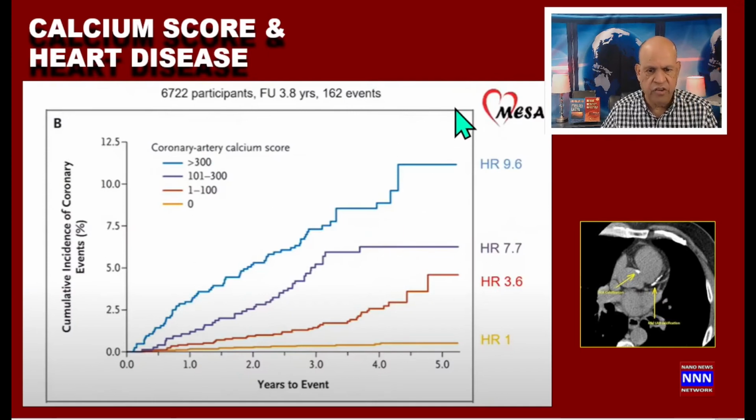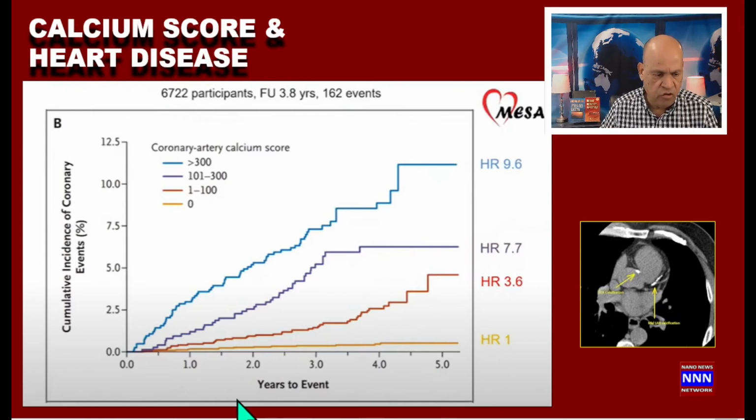And here is an interesting study, that is MESA, that involved 6,722 participants from various ethnic groups who were subjected to coronary calcium score, and based on that they followed them for 5 years to see what is the incidence of cardiovascular disease or events like heart attack or stents or bypass surgery or even mortality.